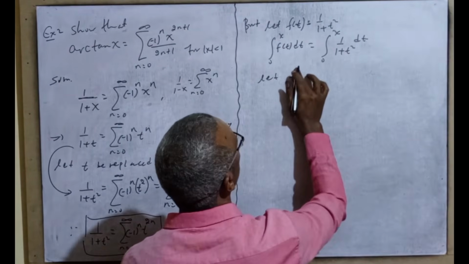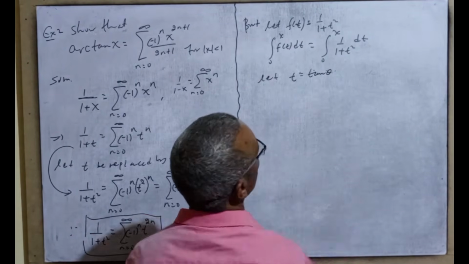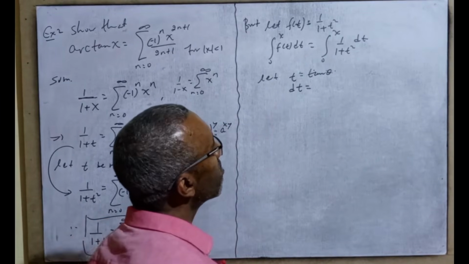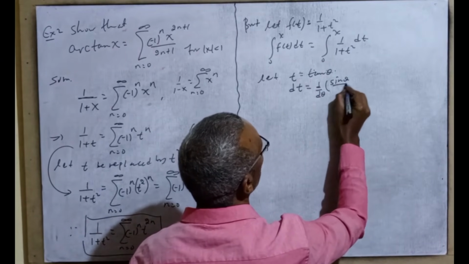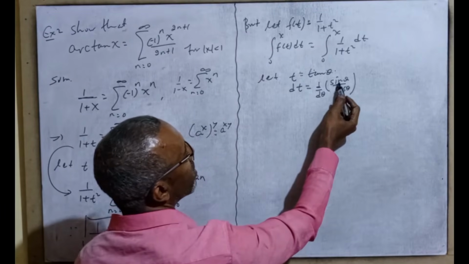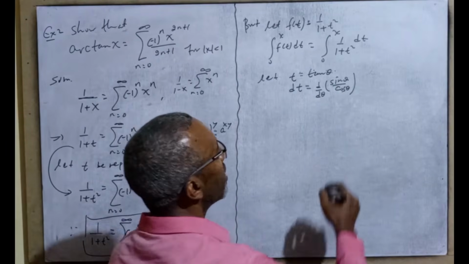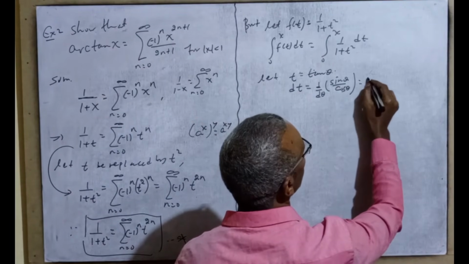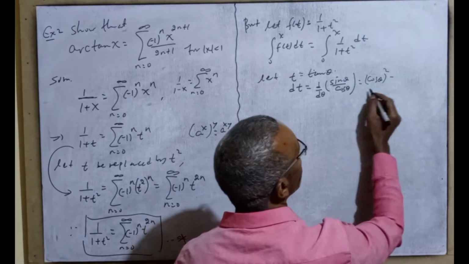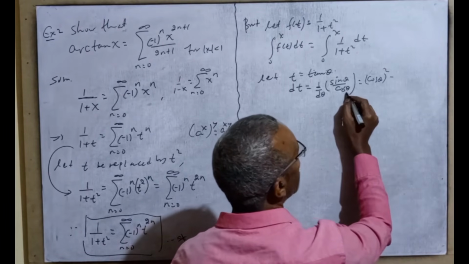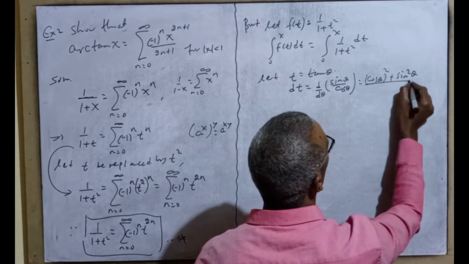Let t is equal to sin theta, or rather, t is equal to tan theta. Then dt means d by d theta of tan theta, which is sin theta over cos theta. Using the quotient rule, the derivative of sin theta is cos theta, times cos theta, gives cos square theta, minus the derivative of the denominator, which is minus sin theta, so plus sin theta times sin theta, sin square theta, over cos square theta.